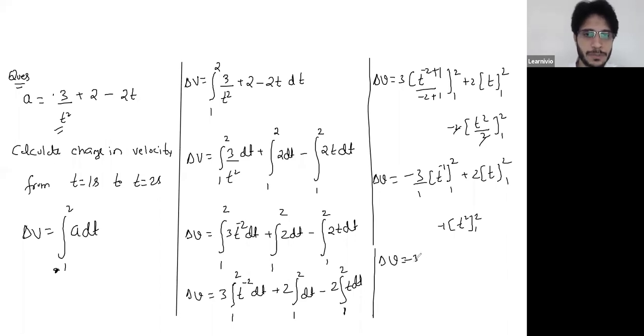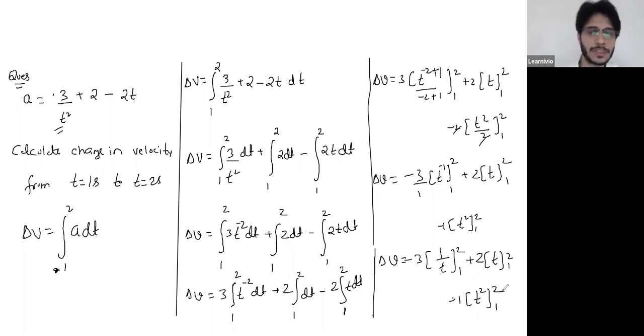So delta V is minus 3. You can write this t to the power minus 1 as 1 by t, limit is from 1 to 2. Then this is 2, limit is from 1 to 2. Then this is minus 1, t square, limit is from 1 to 2.